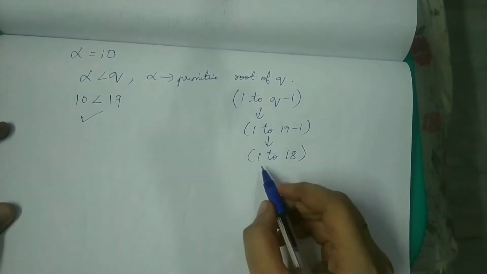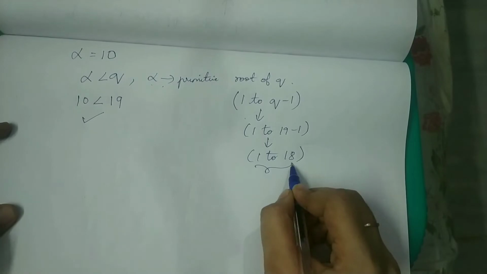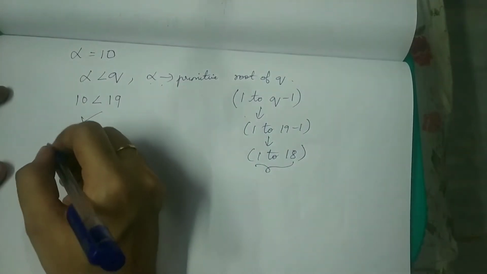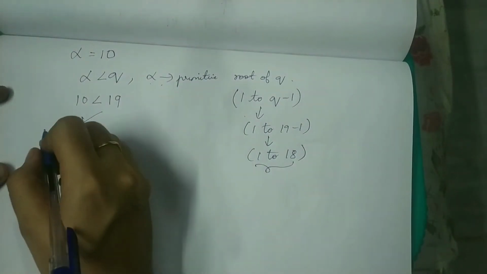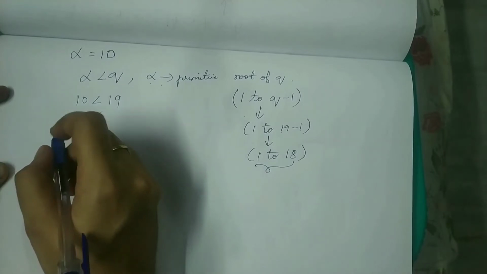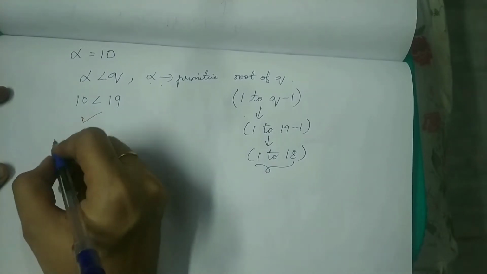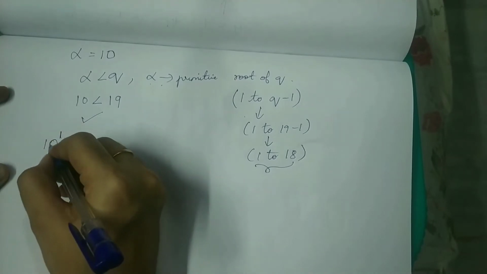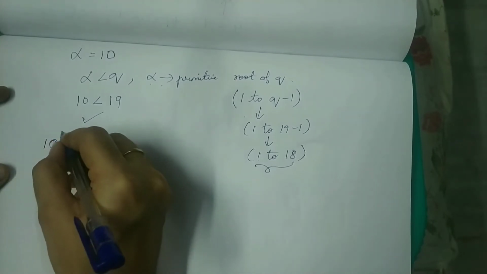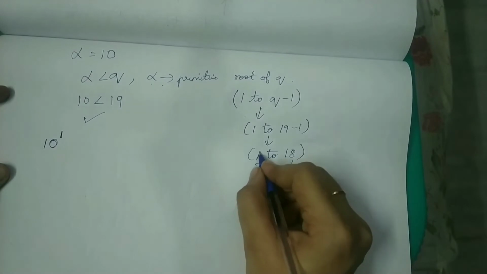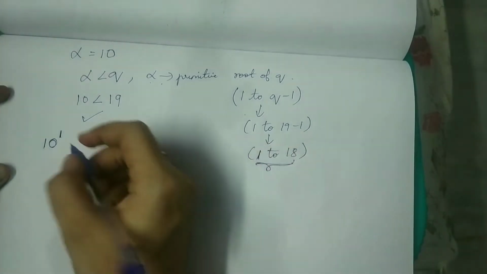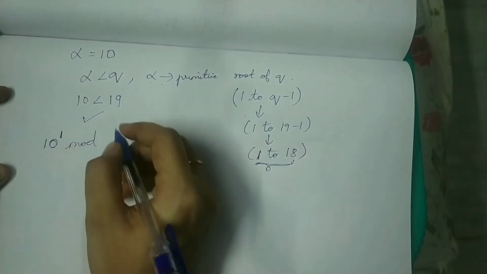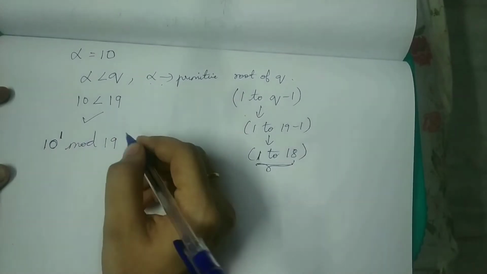So the numbers should be from 1 to 18. So now in the power we should write the numbers starting from 1 till 18. That is 10 to the power 1. This 10 is the alpha value to the power 1 that I am taking from this range, mod the Q's value, which is 19.